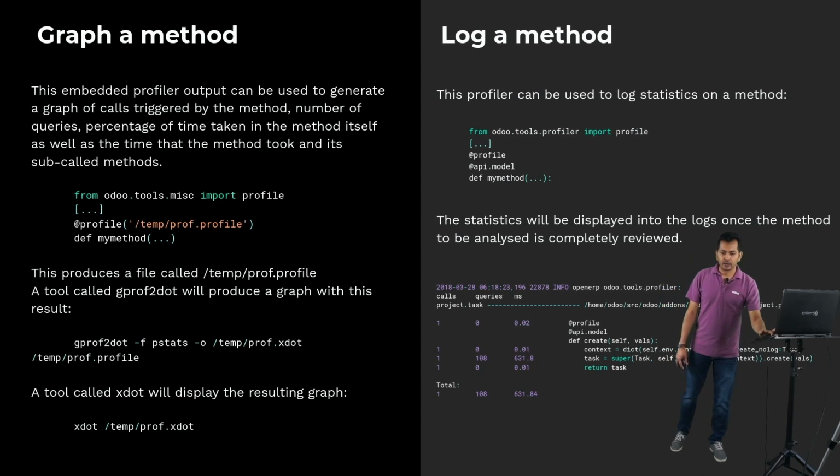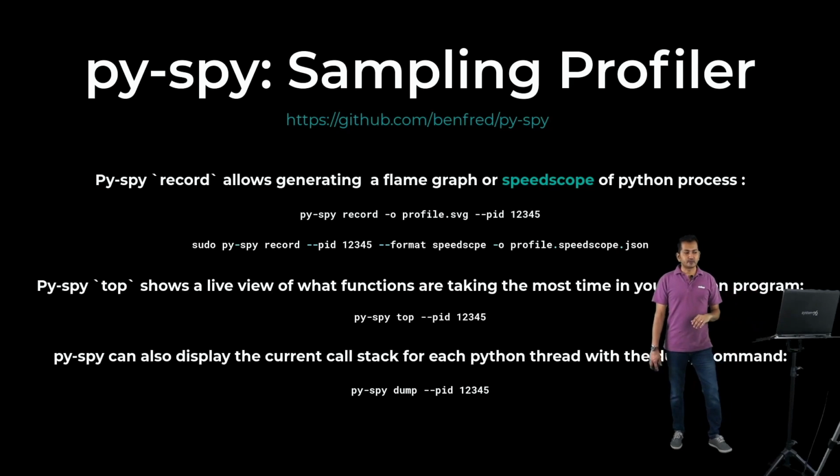Right? The next is PySpy. PySpy is a very simple tool. It's a sampling profiler. It takes 100 samples a second of execution. PySpy does not run with your program. It runs on the side of your program, and it samples data from your running execution, and it can also give you the flame graph of execution.